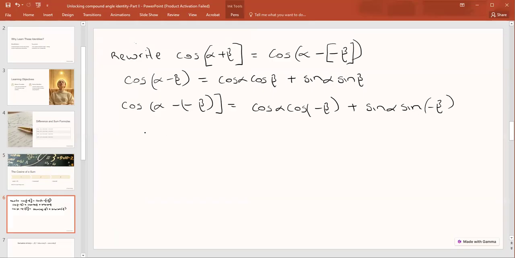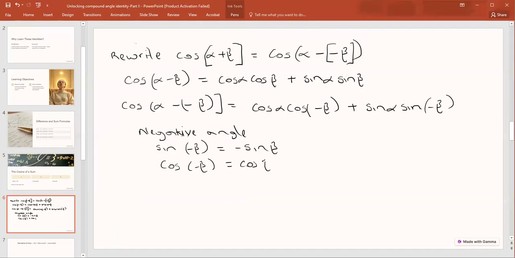So I hope you do remember the negative angle identity. You still remember this, right? Negative angle identity, which states that sine of minus beta, since beta is less than 90, we can write it as minus sine of beta. And we have cosine of minus beta is equal to cosine of beta.